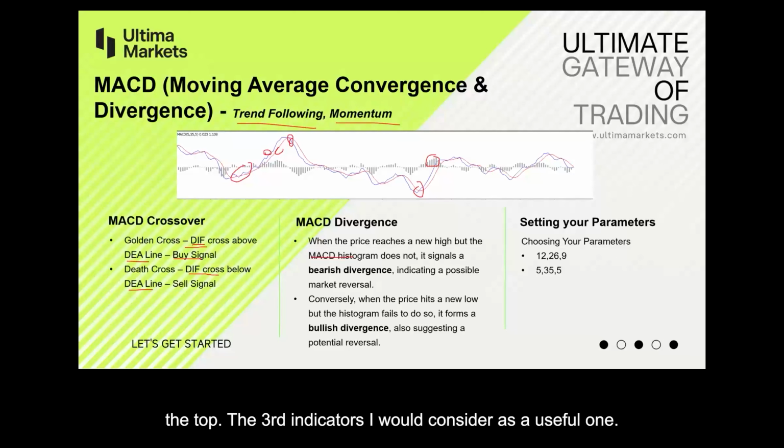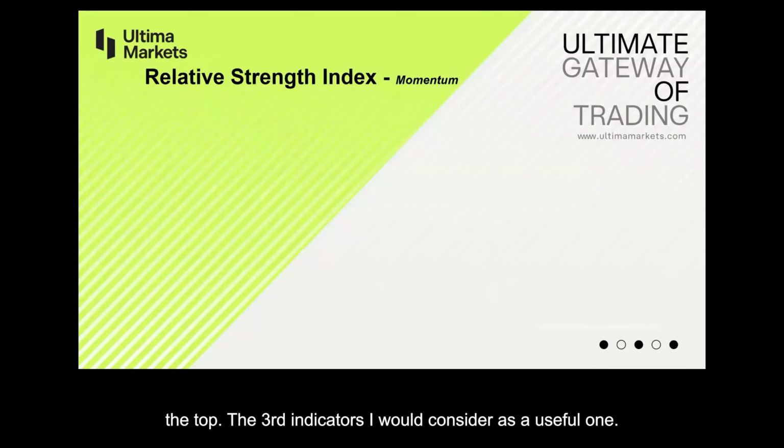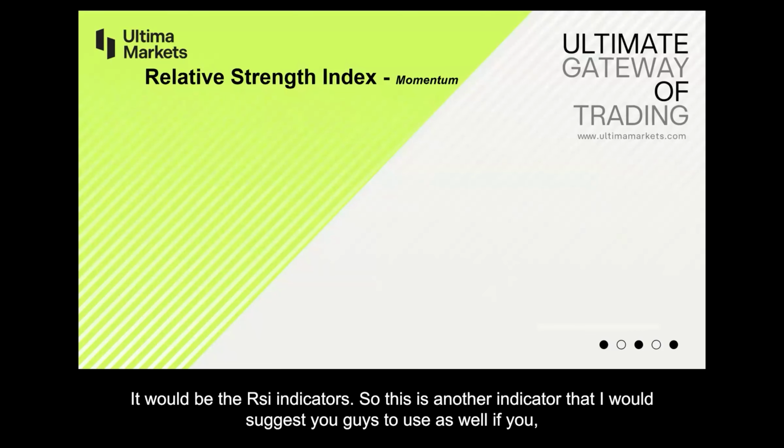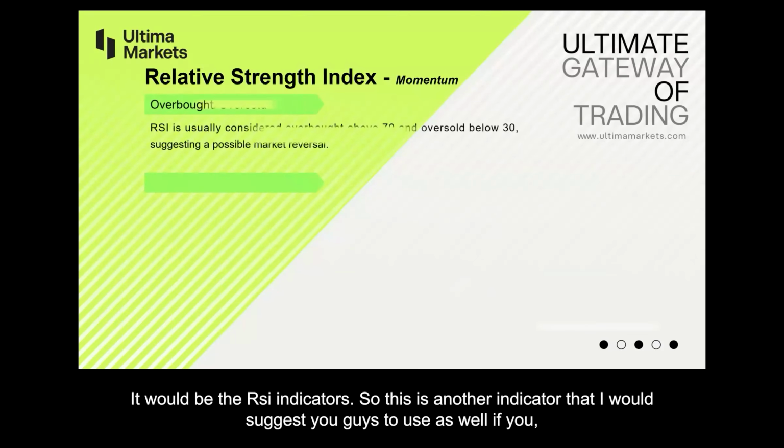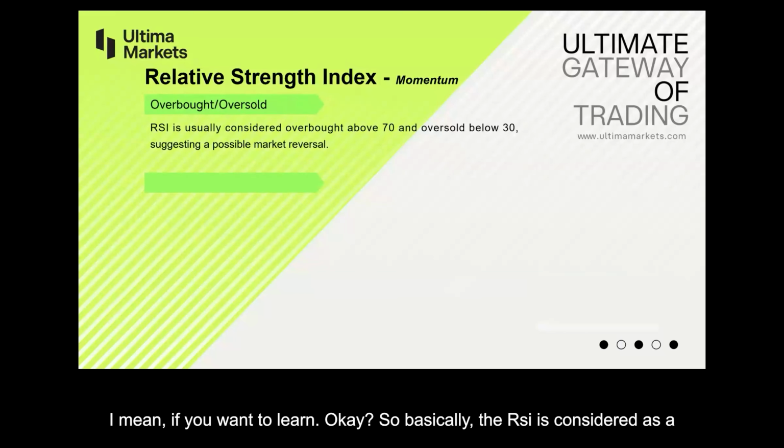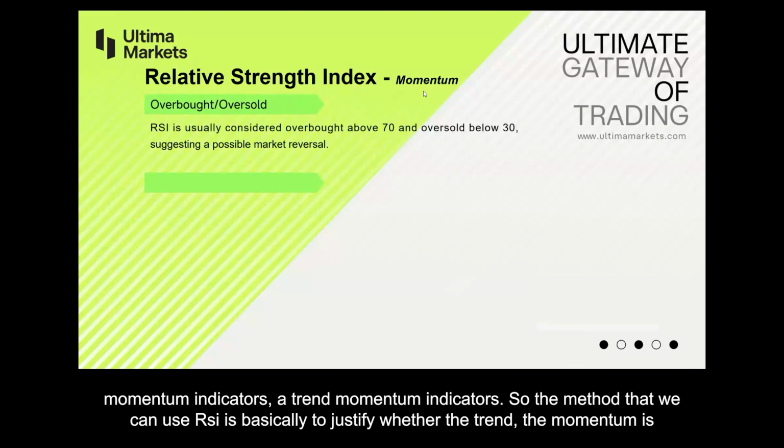The third indicator I would consider a useful one is the RSI. This is another indicator that I would suggest you use as well if you want to learn. Basically, the RSI is considered a trend momentum indicator.